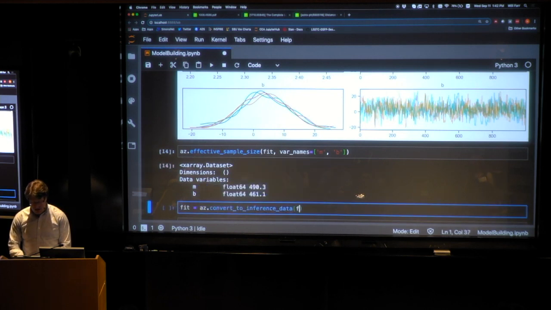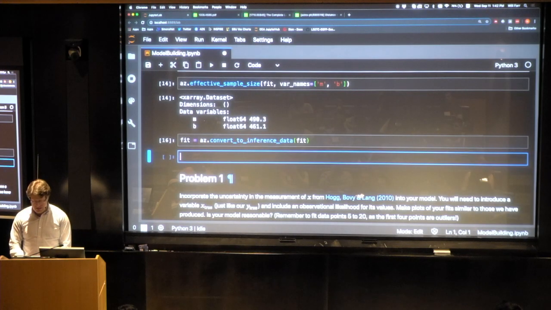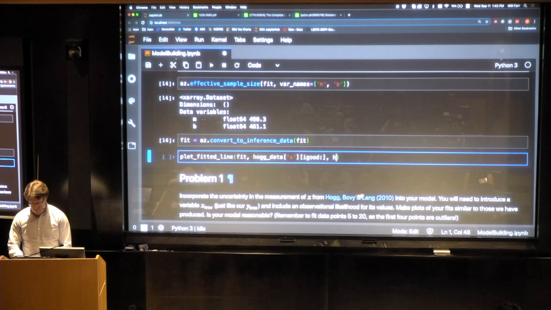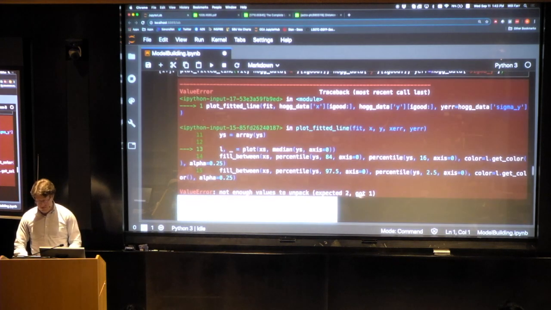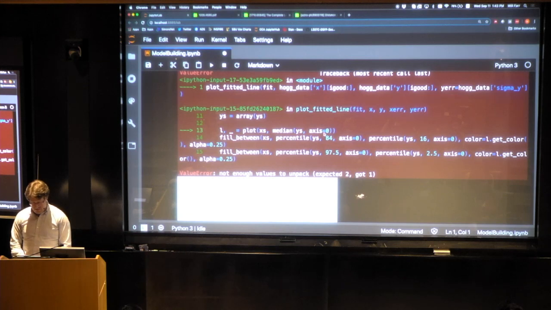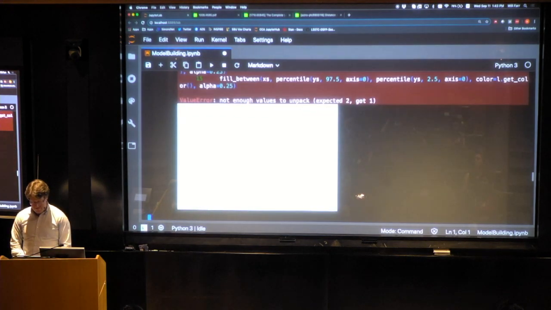First, I'm going to get the fit in a little bit more convenient format. There's a line.